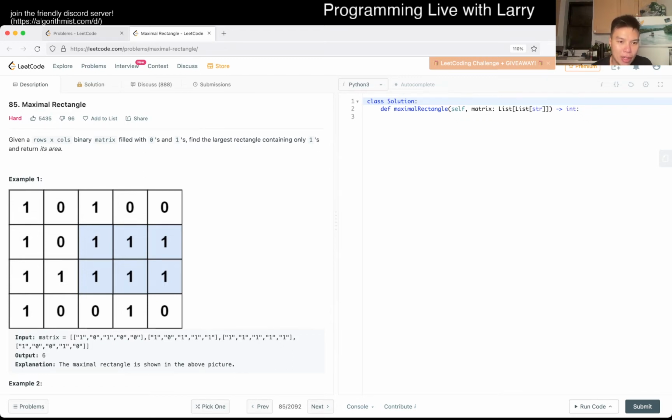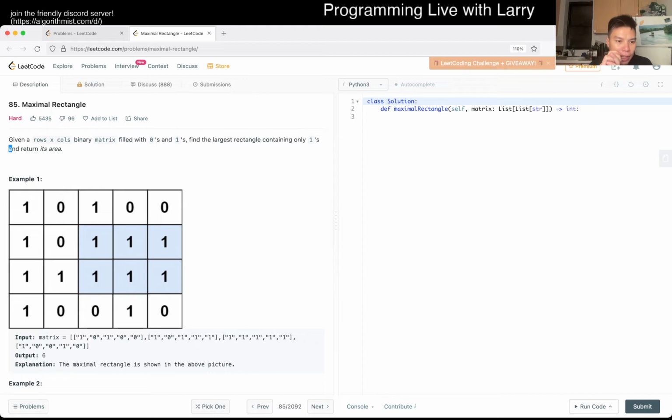Maximal rectangle. Given a rows by columns binary matrix. This one is actually pretty tricky. I think this one is very hard. It requires a few components to think about how to get this answer.